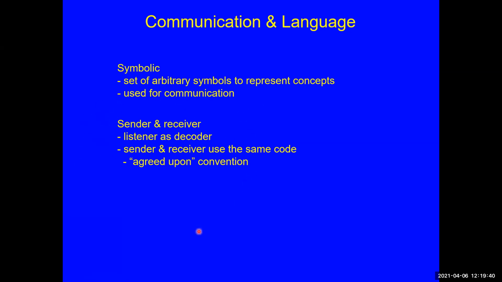The listener in some ways needs to decode what the sender is delivering to them. So if I say the word cup, that's basically packaging up this concept of cup. It's in my brain, it's an abstract idea, and I'm making it into a physical form of sound waves, a pattern of sound waves. That's the package.